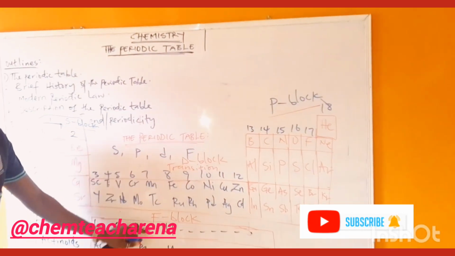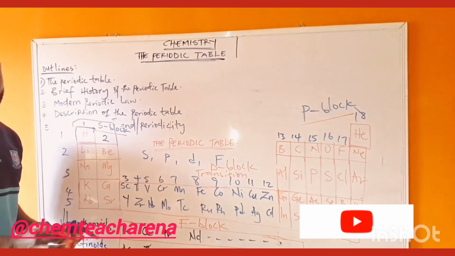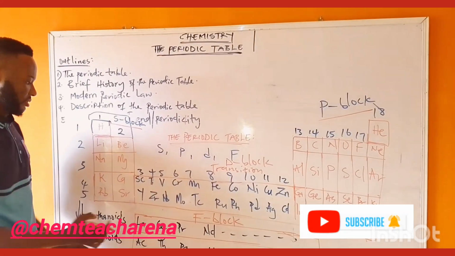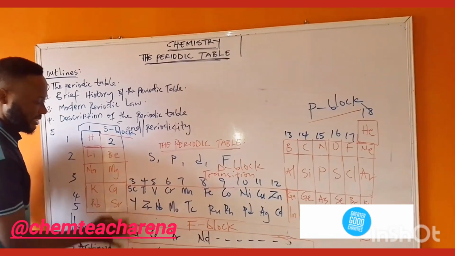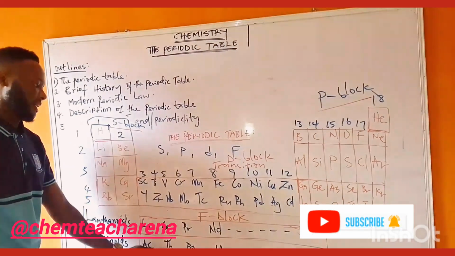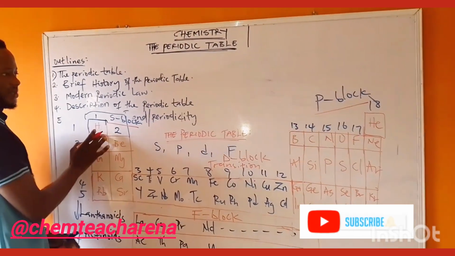The F block elements are the lanthanides and the what? And the actinides. Look at it, lanthanides, they are outside the periodic table. Down part of it, the F block, lanthanides and actinides, the D block, the S block, and the what?